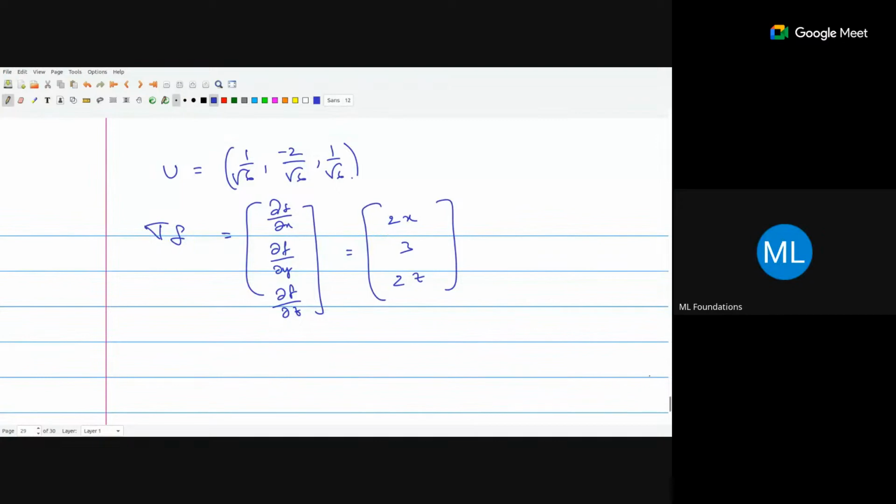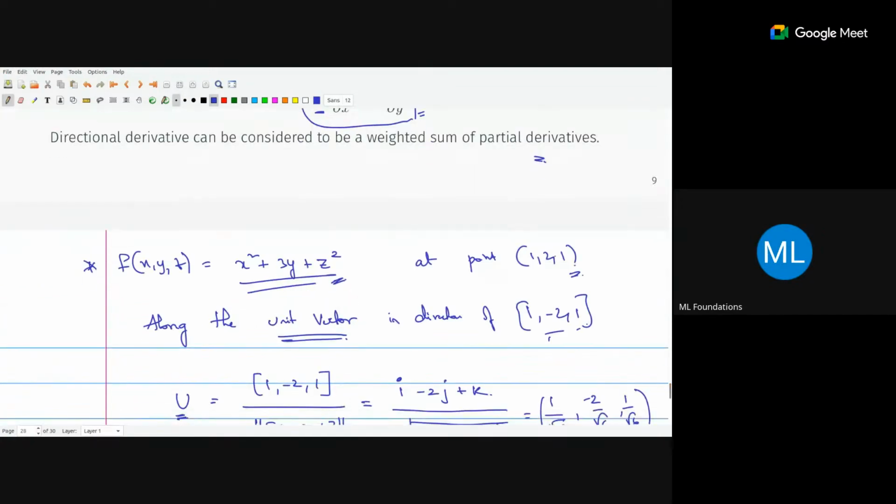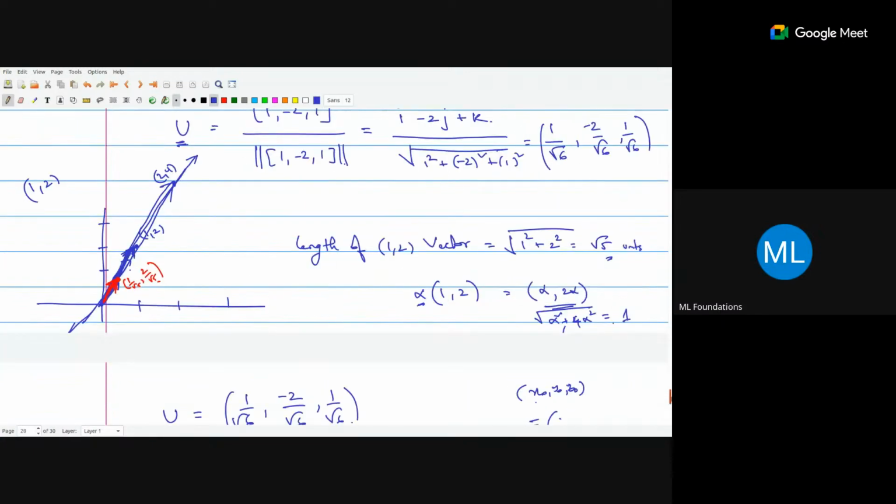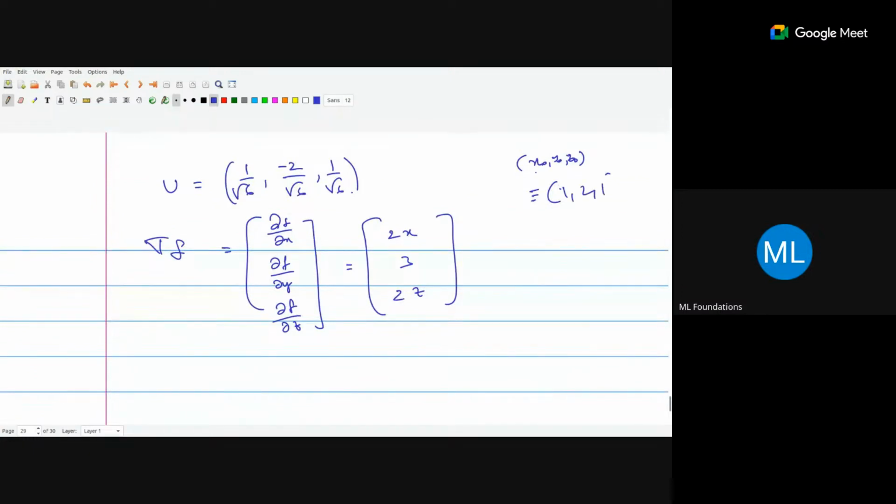Now we want the directional derivative at the point 1 comma 2 comma 1. So x naught, y naught, z naught is 1 comma 2 comma 1, meaning x is 1, y is 2, and z is 1. So 2 times 1 will be 2.